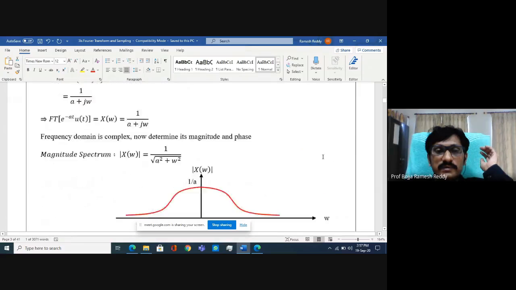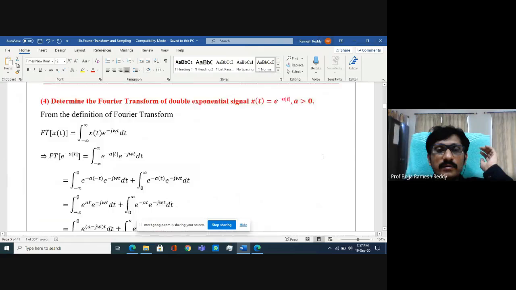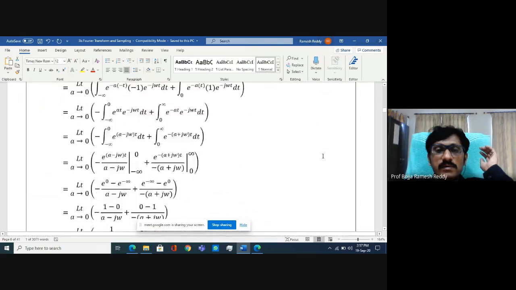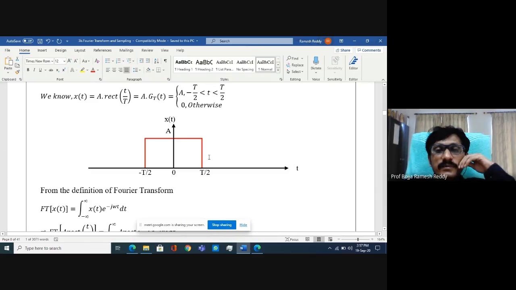Suppose we see one example. See here, at t is equal to T by 2, what is the amplitude of the signal? That is my question.